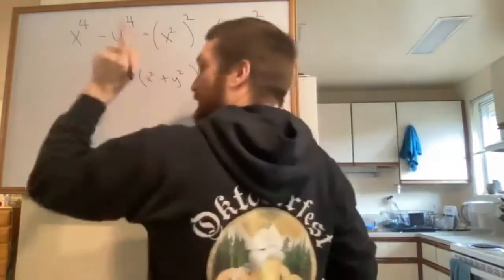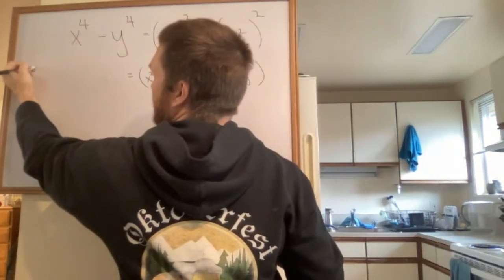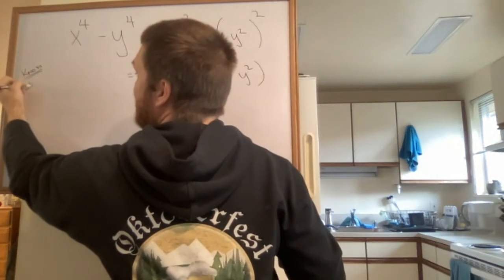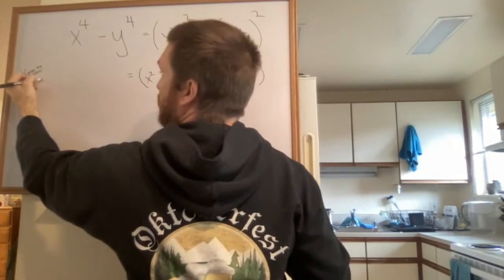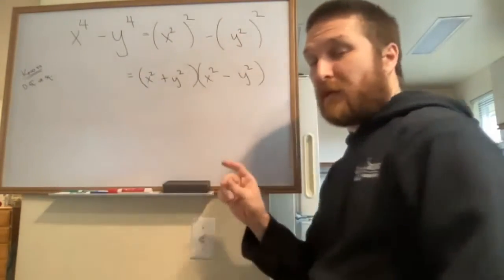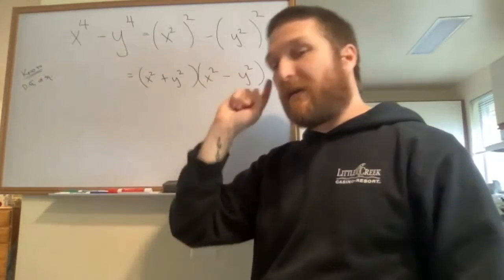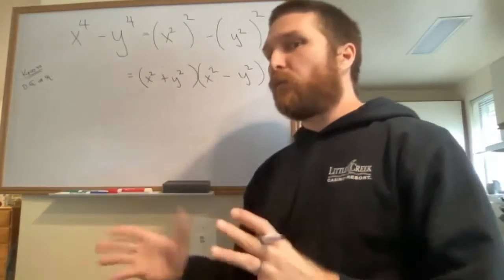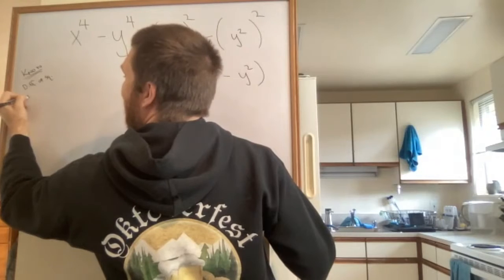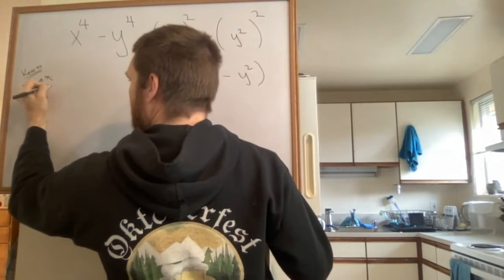So remember what I said, what we're going to need to know, you must have intimate knowledge of, are differences of squares. That is, if you see a difference of squares, you should be able to look at it and go, that's a difference of squares. I know that there is a formula for that, or I know how to break that guy apart. You will need to know sums and differences of cubes.